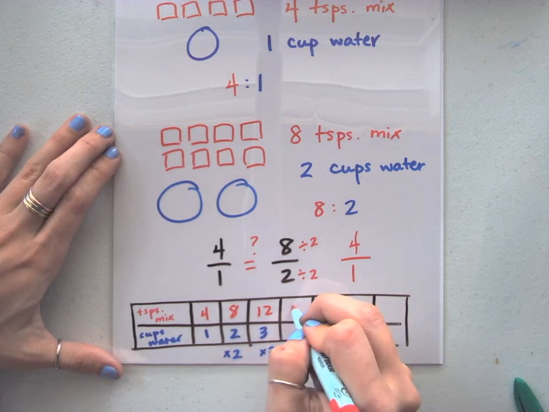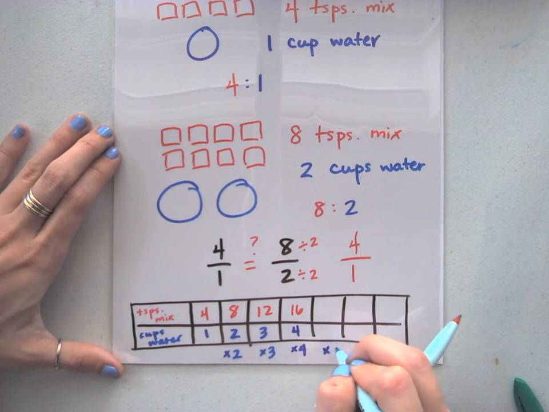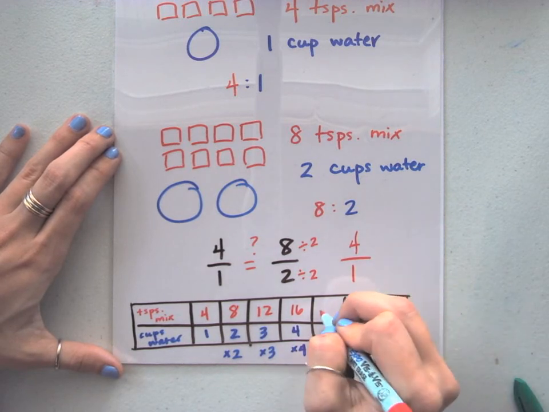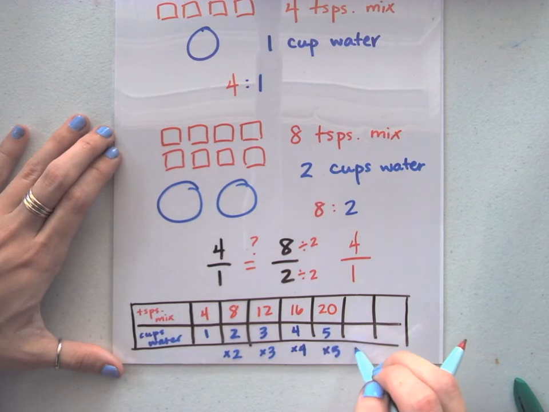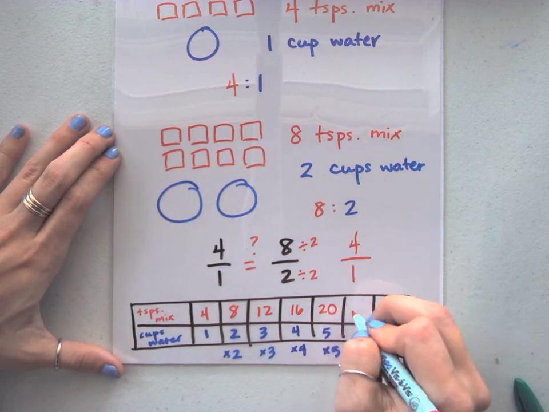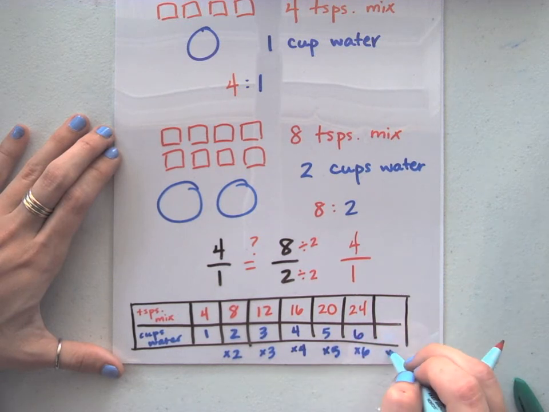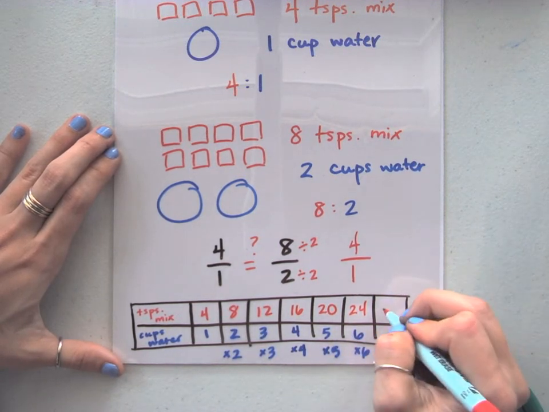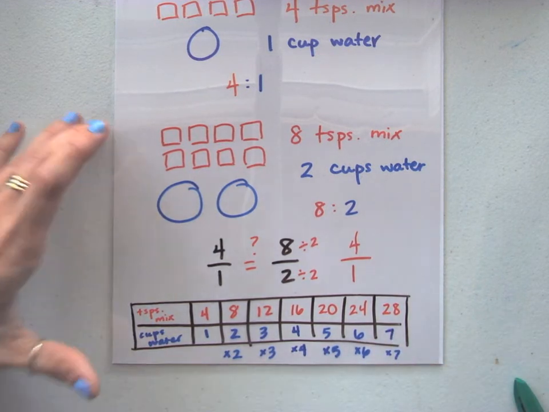4 times 4 is 16. 1 times 4 is 4. 4 times 5 is 20. 1 times 5 is 5. 4 times 6 is 24. 1 times 6 is 6. 4 times 7 is 28. 1 times 7 is 7.